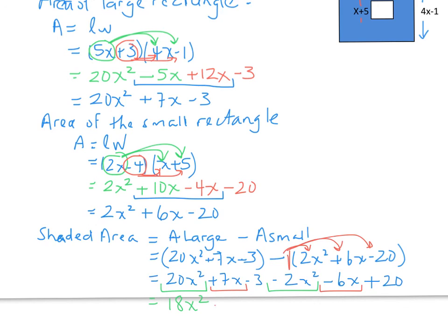And then our last part, we've got a minus 3 and a plus 20. So positive 20, take away 3 would be plus 17. So our final answer for the shaded area is 18x squared plus x plus 17.